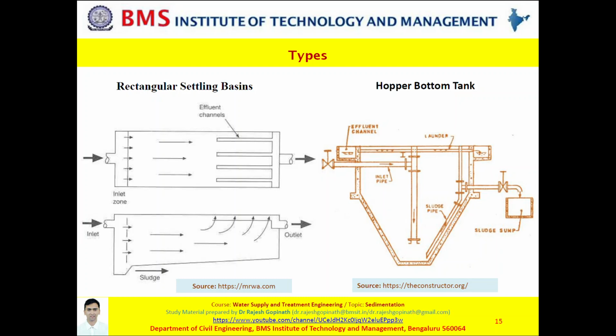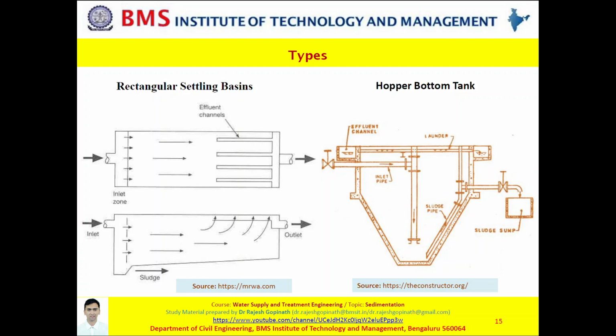The maintenance cost is very low in the case of a rectangular sedimentation tank, and hence they are also suitable when you speak about large capacity plants. Mostly the depth of these basins is around 2 to 6 meters, and as I discussed before, the length is usually more than twice its width, and the length may also vary from 10 to 20 times the depth.